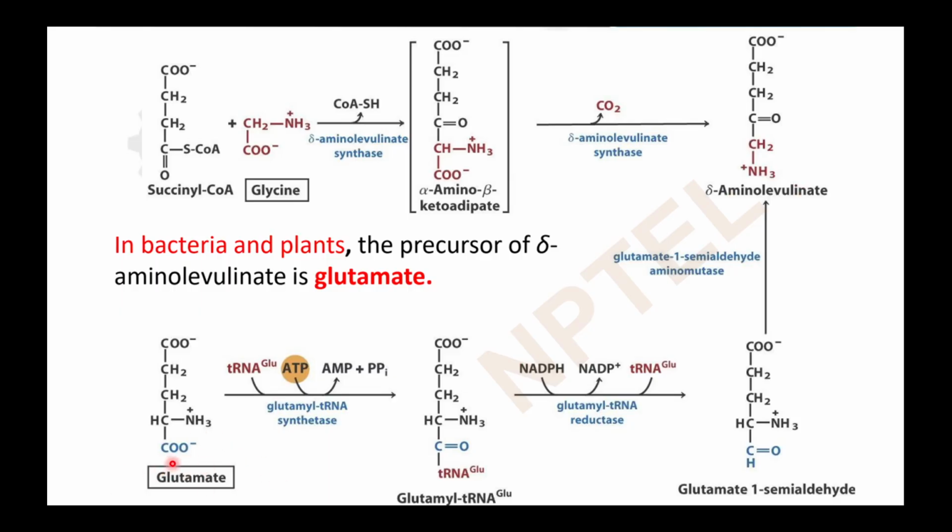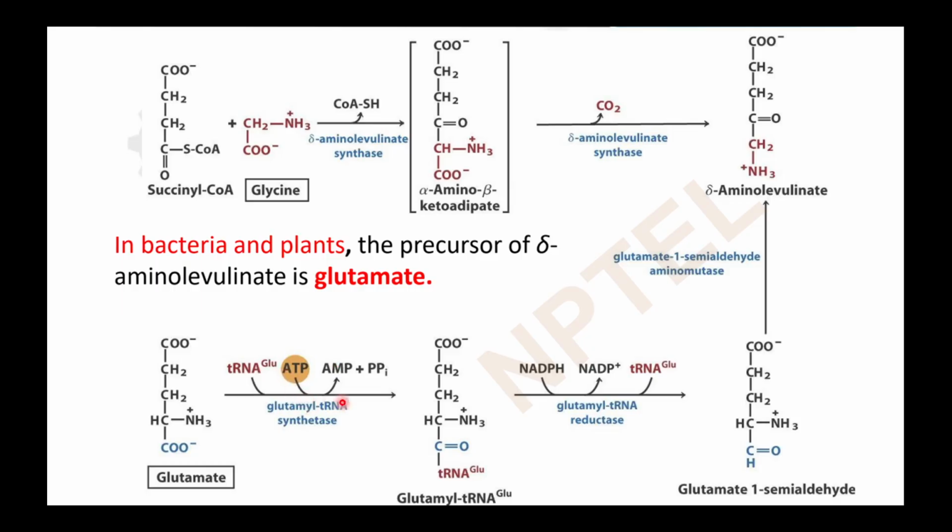How? From glutamate, one tRNA gets attached to the glutamate to become glutamyl tRNA. This is done with the help of glutamyl tRNA synthetase. Now again, see, this is a synthetase. That means ATP hydrolysis is required, and this is a high energy requiring reaction.